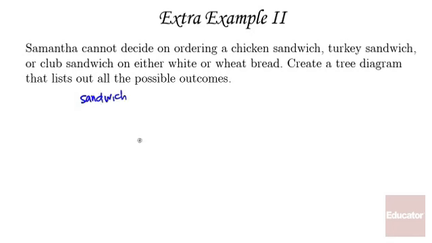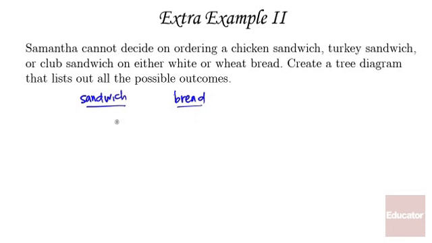And then the second event is going to be the type of bread. The first part of doing this is to figure out your events, the different things that are going to affect your outcome. So the sandwich and then the bread.